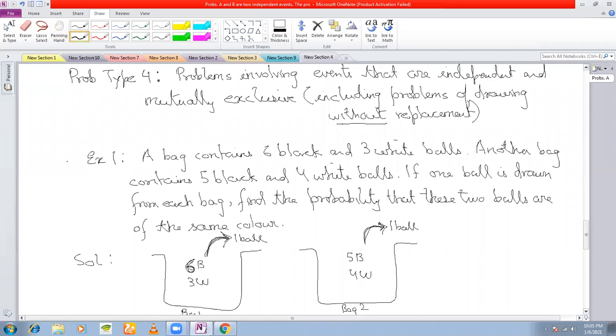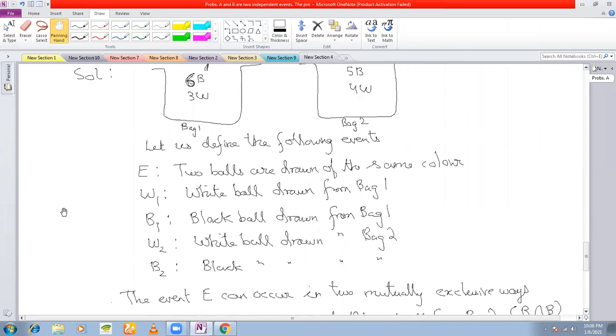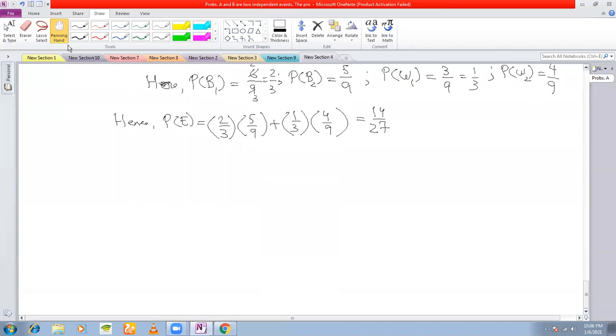Let us now move on to example 2 for type 4 problem. The problem here is: a bag contains 5 white, 7 red, and 8 black balls.